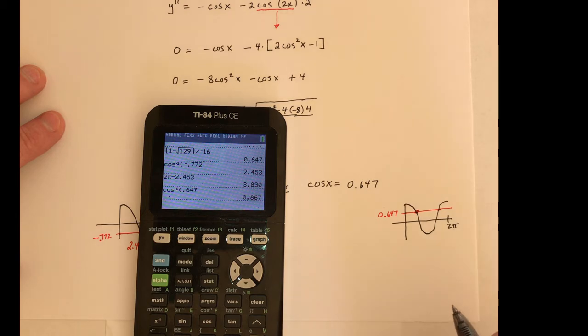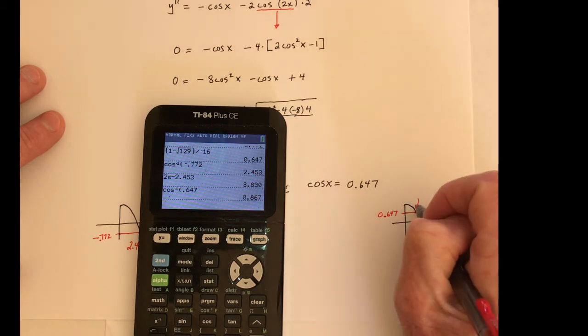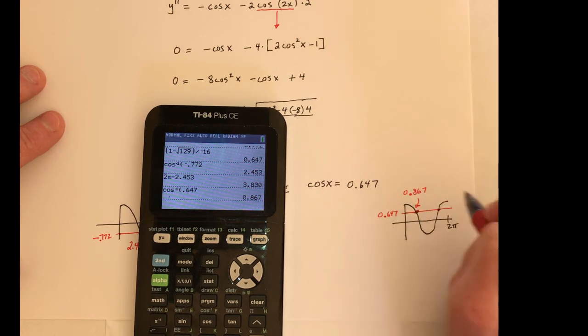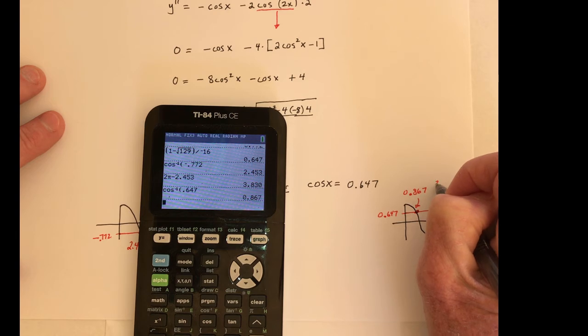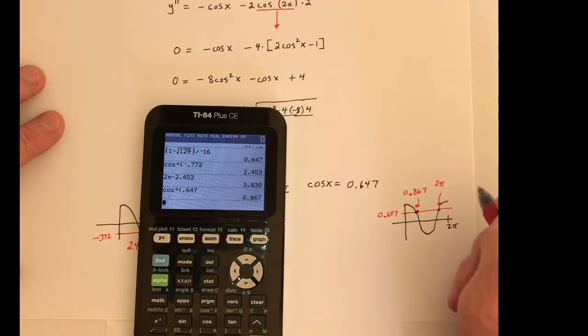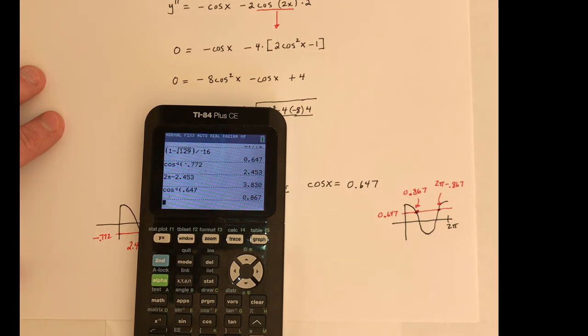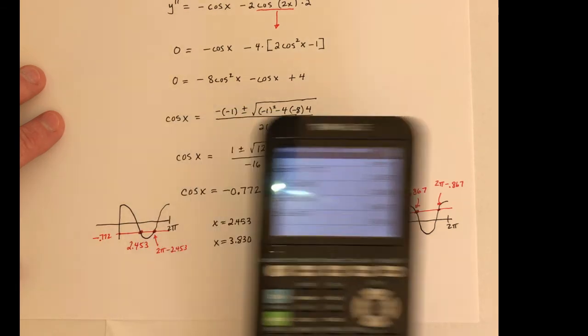So that is 0.867. And then this one is to the left of 2 pi, so it's going to be 2 pi minus the 0.867, which is 5.416.